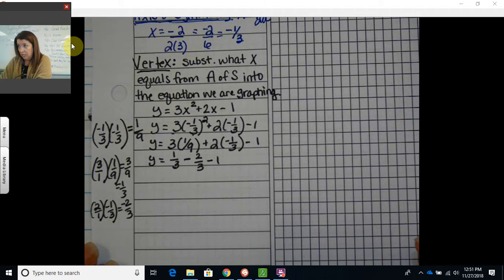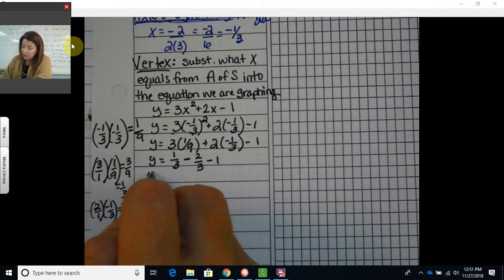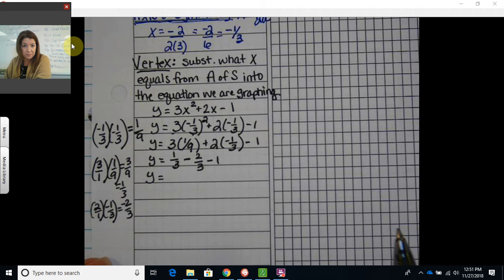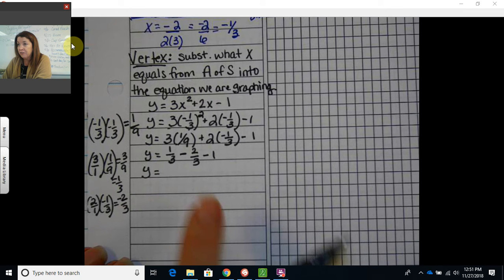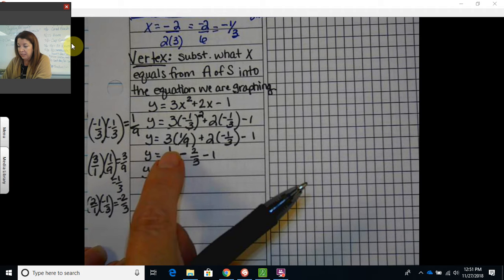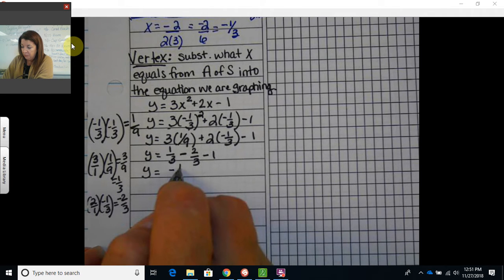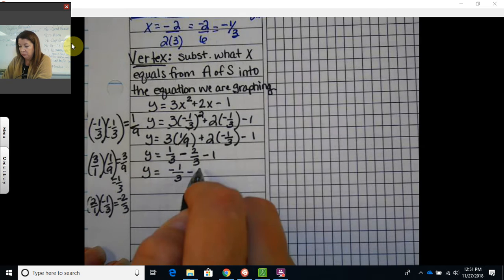So work from left to right. Now when I add and subtract fractions, don't I have to have a common denominator? Yeah. Well, my first 2 fractions already have a common denominator. So I just subtract the numerators. What's 1 minus 2? Negative 1, and keep the denominator of 3. Don't forget this minus 1.